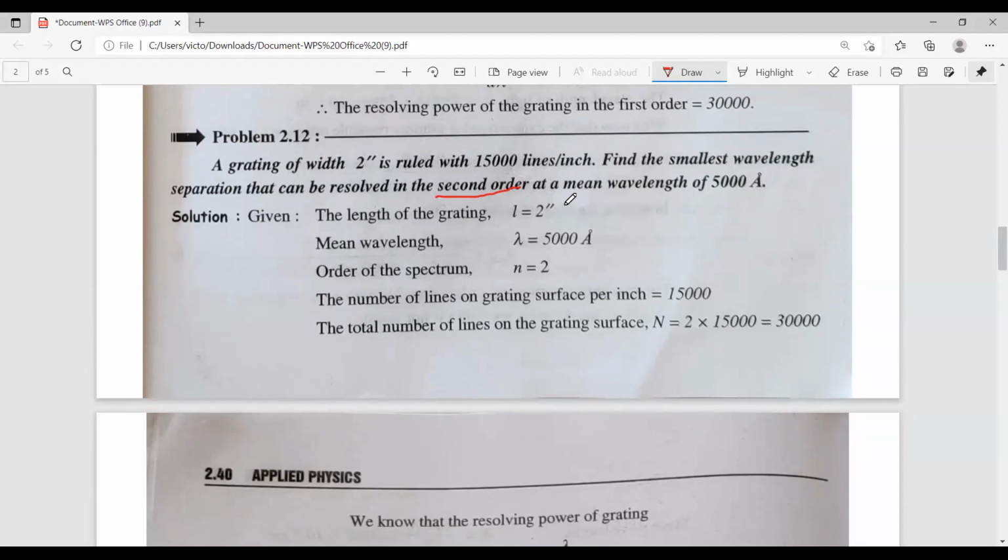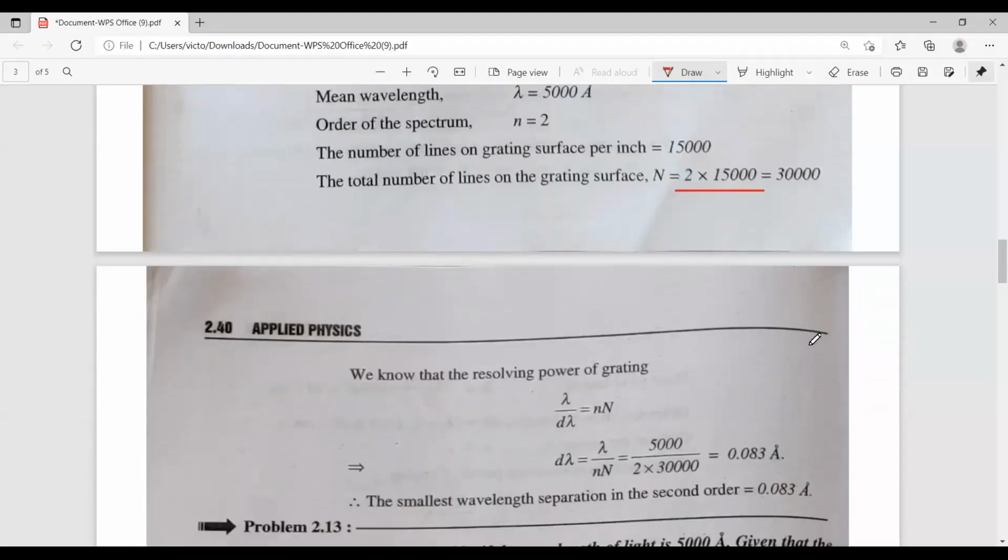And here the number of lines per inch, this is important, the number of lines per inch is 15,000. Now, how many lines are there for 2 inches? Per inch is 15,000, then for 2 inches it becomes 2 into 15,000 lines. So that means 30,000 lines.